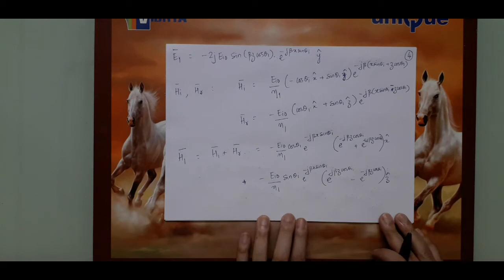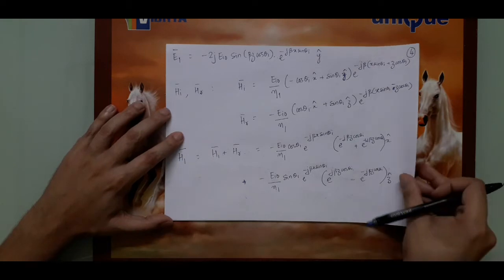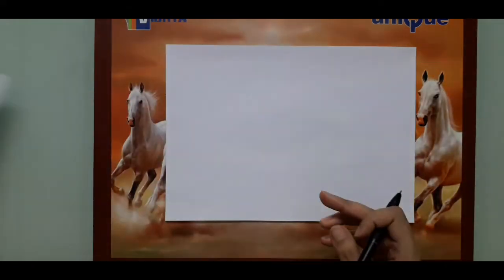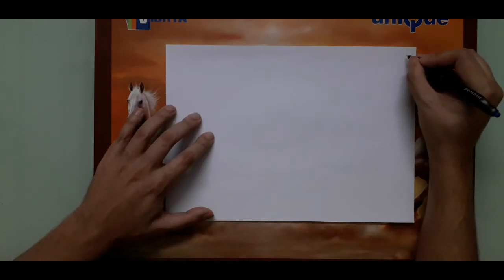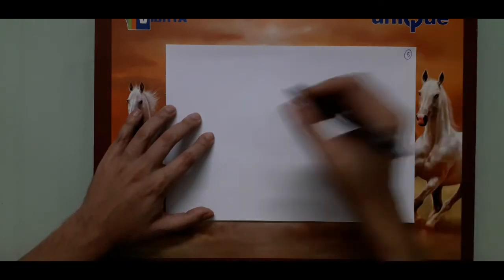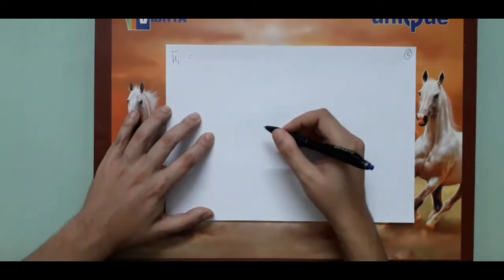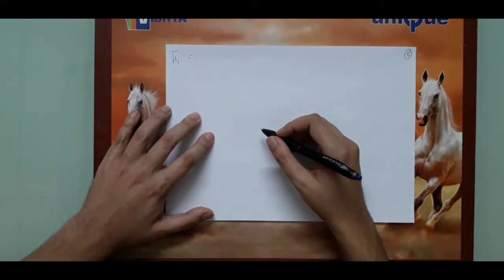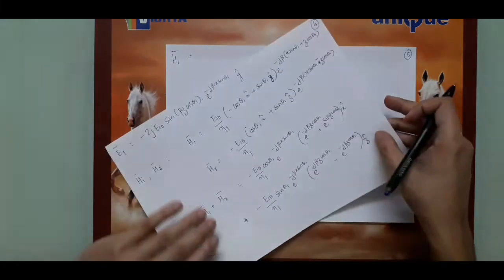So let's write that what it is. Let's write it in the next page. So H1 totally I can write as, there will be some real component and there will be an imaginary component because of the entity.